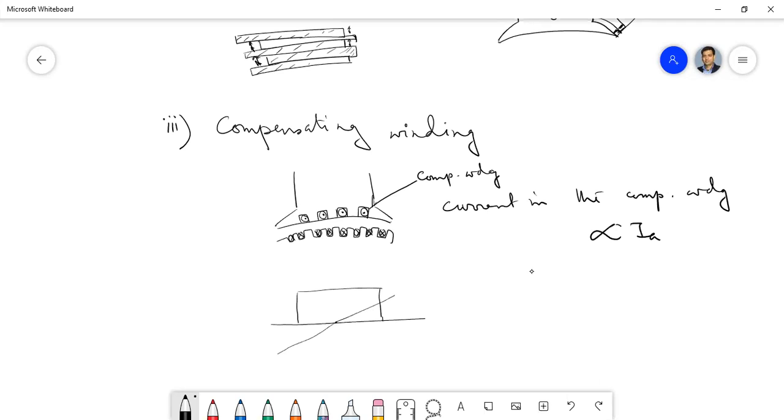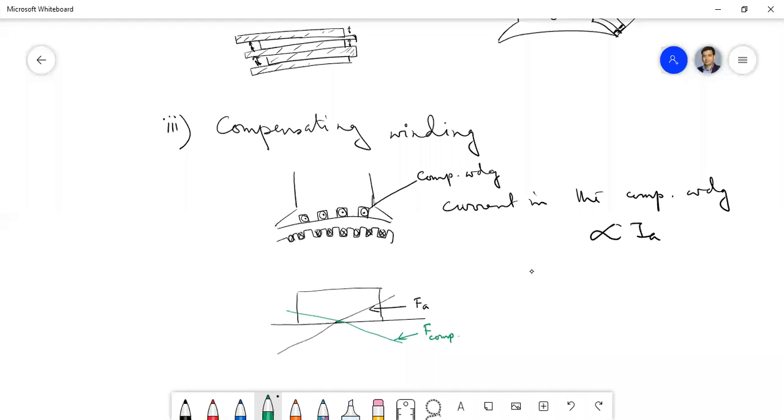So suppose due to this armature current, an armature field has been created like this. So now what it will do, it will create a field like this. So this will be the field created by the compensating winding, so that it can compensate.